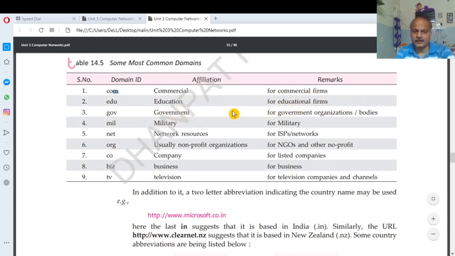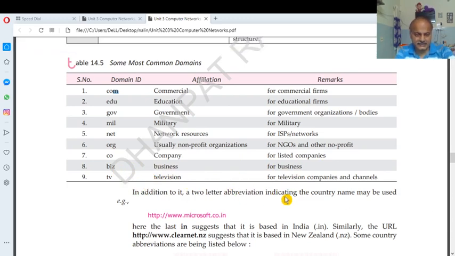Gov, government, for government organizations or bodies. MIL, military. Net, network resources, for the ISP or the network. ORG, usually non-profit organizations, for NGOs and other non-profits. CO, company, for listed companies. Business, for business. TV, television, for television companies and channels.